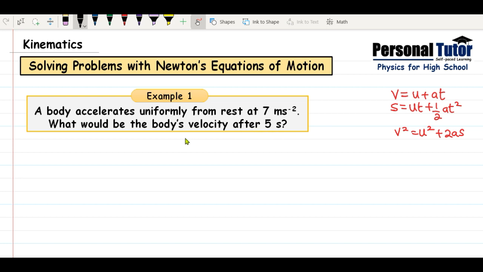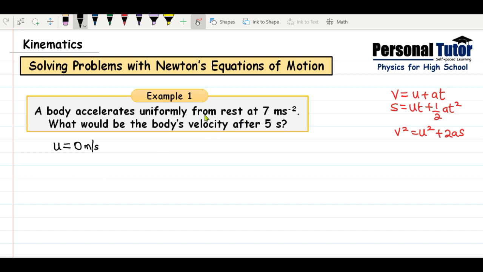In order to solve this question, you have to list from the question the data given, the parameters that were mentioned in the question. So a body accelerates uniformly from rest. From the just ended statement, because the body is starting from rest, its initial velocity, u, is 0 meter per second.